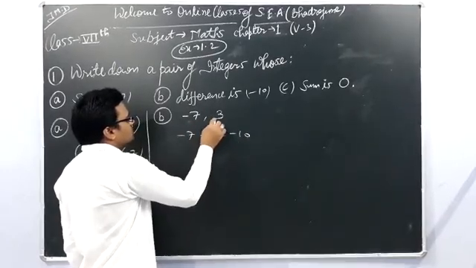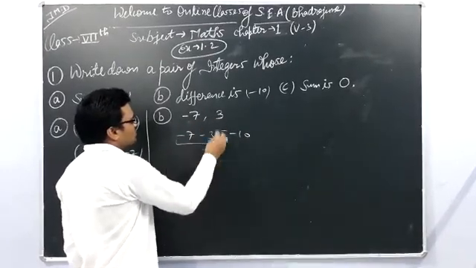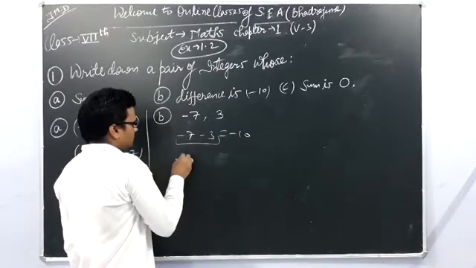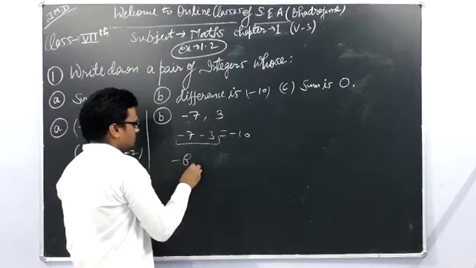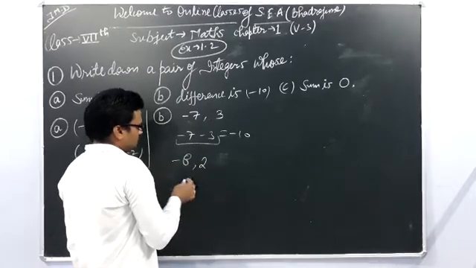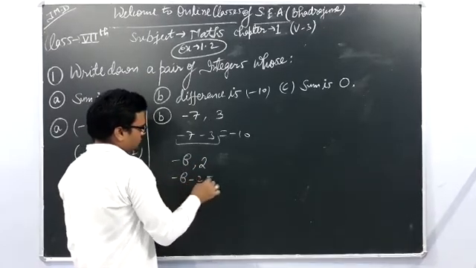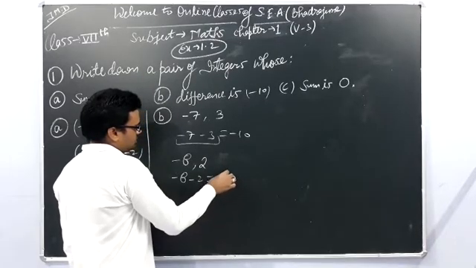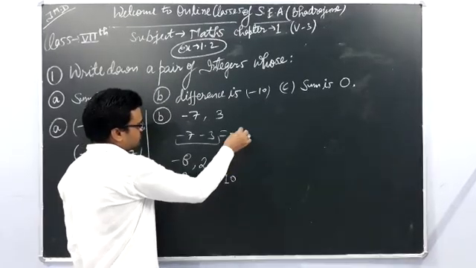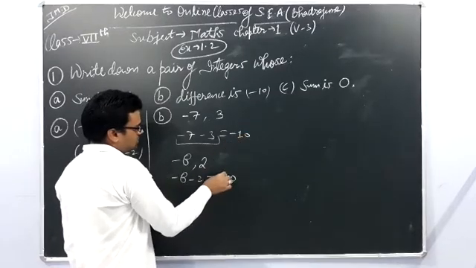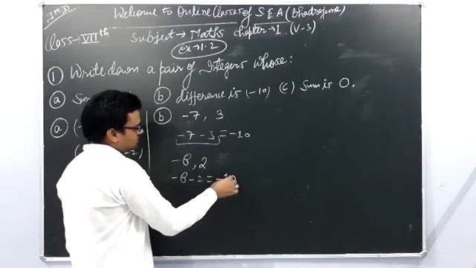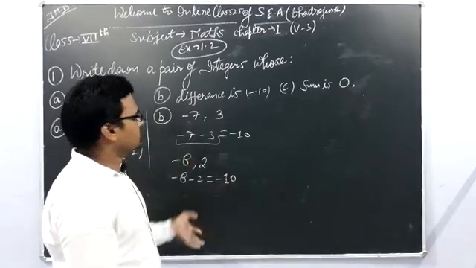When we subtract 3 from -7, it gives us -10. After that, -8, then the second integer should be 2, then only -8 minus 2 equals -10. In all these, the difference is -10 only.